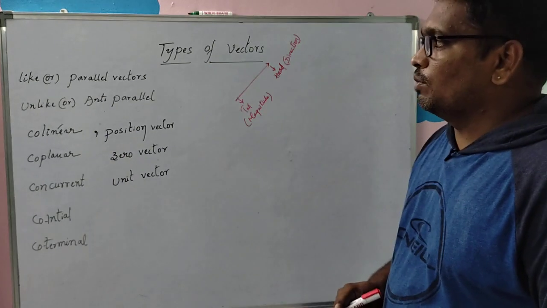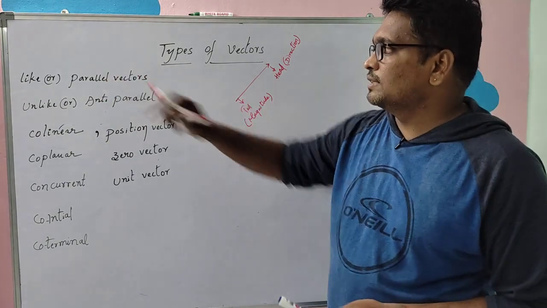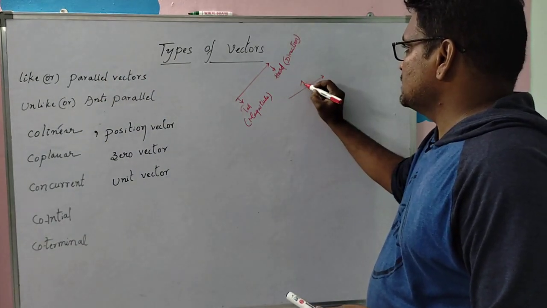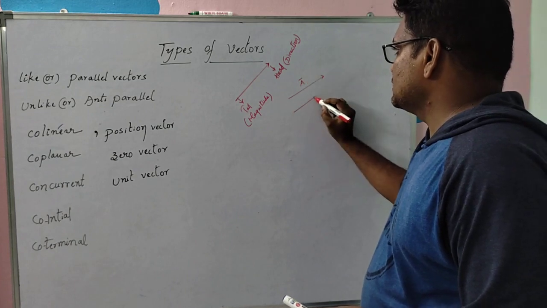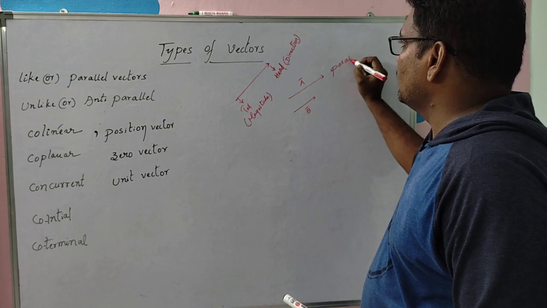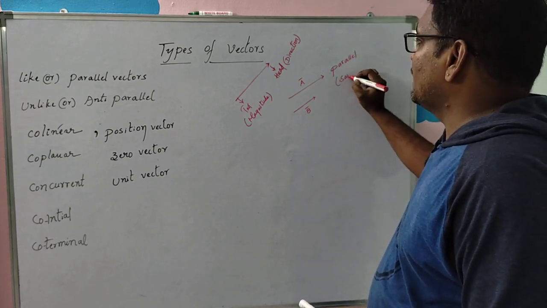Now come to parallel vectors. In the name you can see vectors must be parallel to each other. Say this is vector A and this is vector B. Both are appearing parallel to each other and also in the same direction.